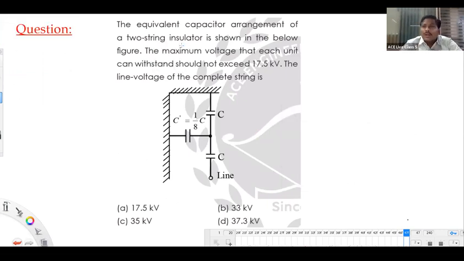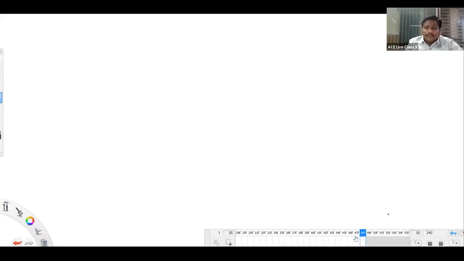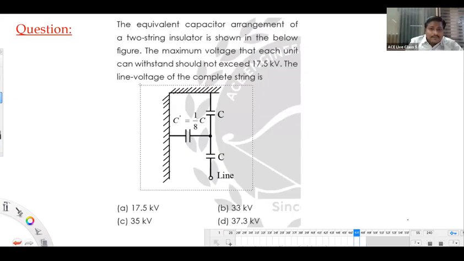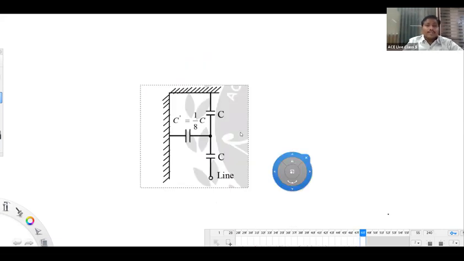Maximum voltage that each unit can withstand should not exceed 17.5 kV, meaning the maximum voltage across any unit should not be more than 17.5. The line voltage of the complete string means the string voltage you have to calculate, not the line to line voltage of the system. Let's write now. This is the equivalent capacitor arrangement given. The solution I am taking up.